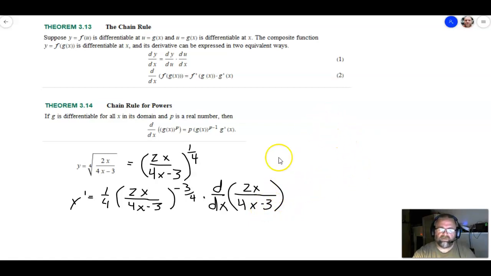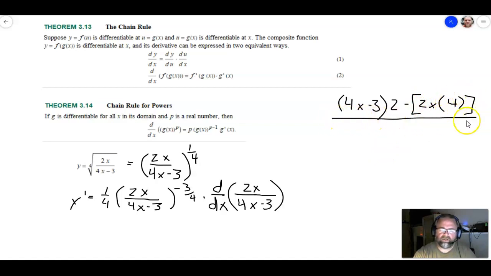So the derivative of this would be the bottom, 4x minus 3, times the derivative of the top, which is just 2, minus the top, which is 2x, times the derivative of the bottom, which is just going to be 4, all over the bottom squared.